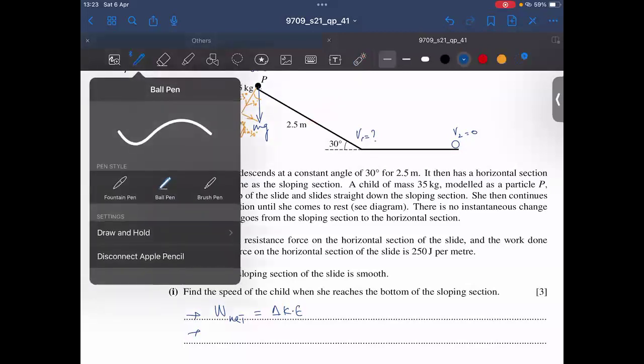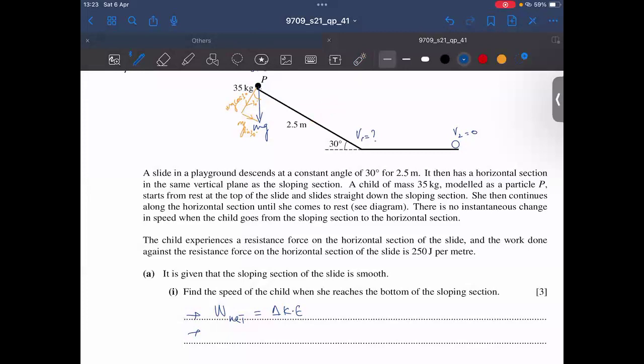So the only work done on the particle while it is moving along the plane is the work done by the component of gravity.